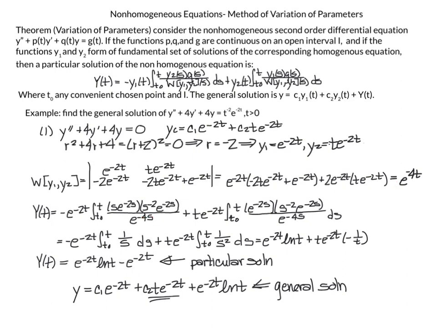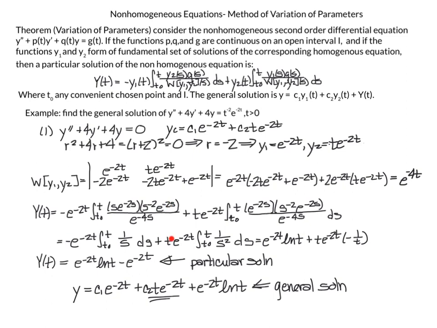And then I'm going to add that to my y2, which is t e to the minus 2t, and then I'm going to integrate using s as my variable of integration of y times g. So y is e to the minus 2s. My g is still s to the minus 2 e to the minus 2s, all over my Wronskian, which is e to the minus 4s.